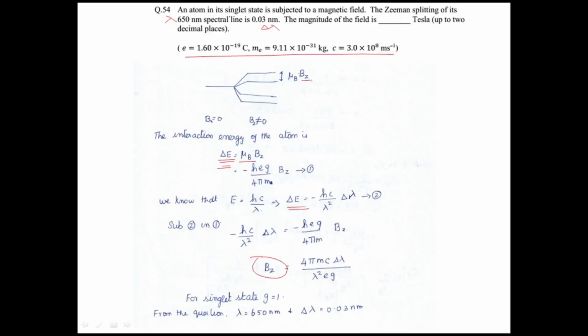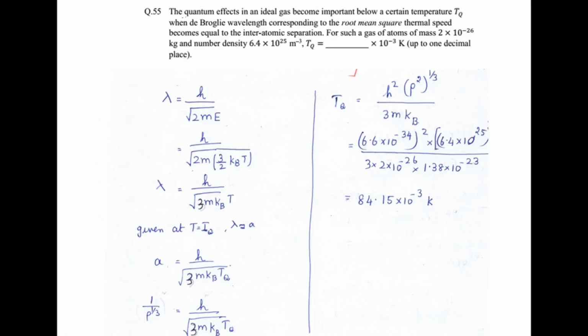For a singlet state, the value of g is 1. By substituting the values, we will get the Bz value as 1.52 Tesla.